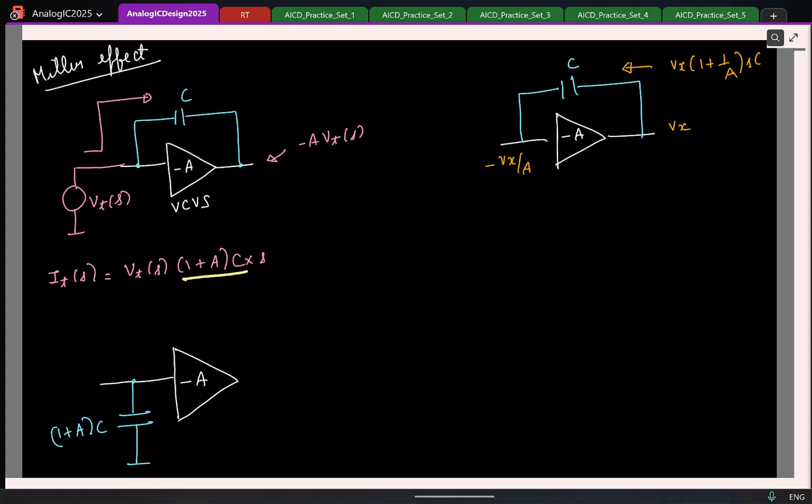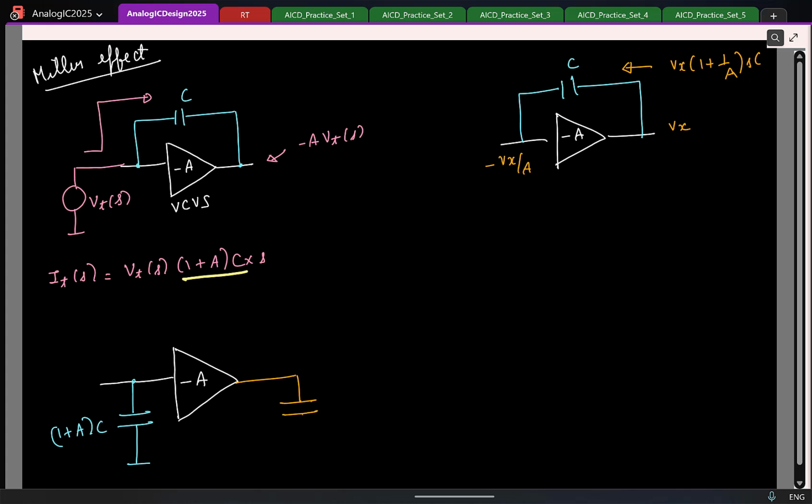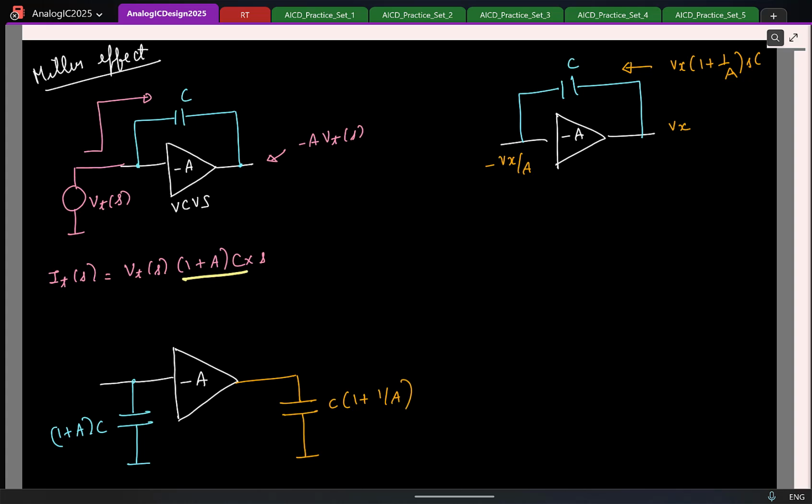So to model the current drawn in this branch, you can say that I have a capacitor here with a value C into 1 plus 1 by A. Again, as I mentioned, being a voltage controlled voltage source, this result is not really useful, because I can replace this capacitor with an open circuit and nothing changes. The VCVS will make sure the voltage is the same irrespective of what you put here. But what will be useful is the fact that the input side impedance is a capacitance with a large value, right?